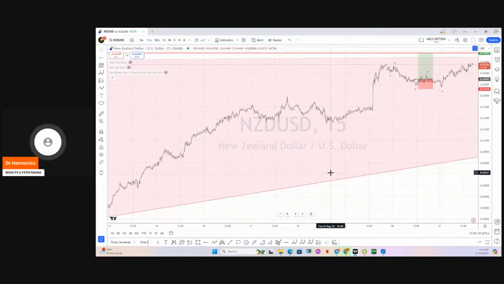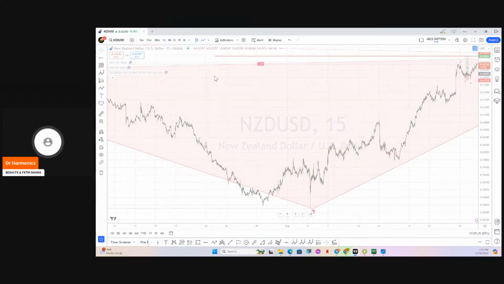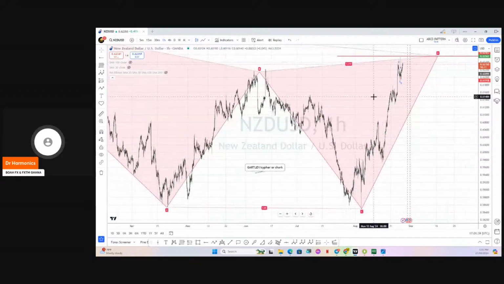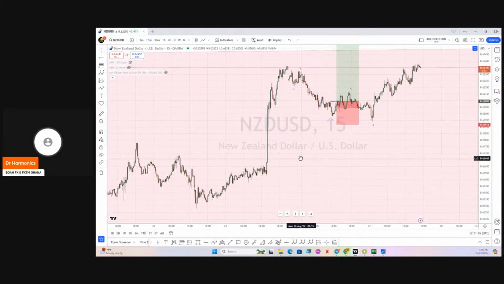In the Telegram group, I gave this setup that this is 78.6. On the 50 minutes time frame, we saw a flag pattern over here. It formed more like a triangle ABCDE, or 1, 2, 3, 4, 5.